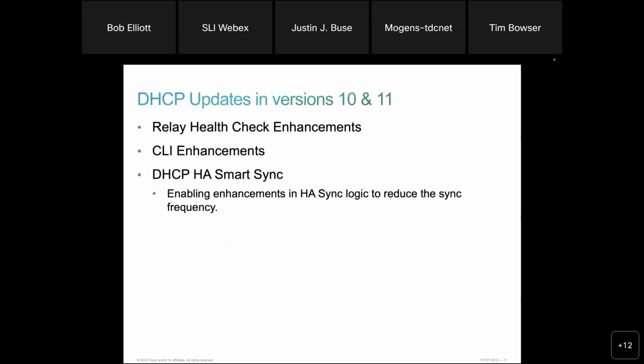Both DNS and DHCP do have much better NRCMD capabilities now. Version 11 also has a high availability smart sync for DHCP high availability, and it just reduces the amount of network traffic and the synchronization frequency.